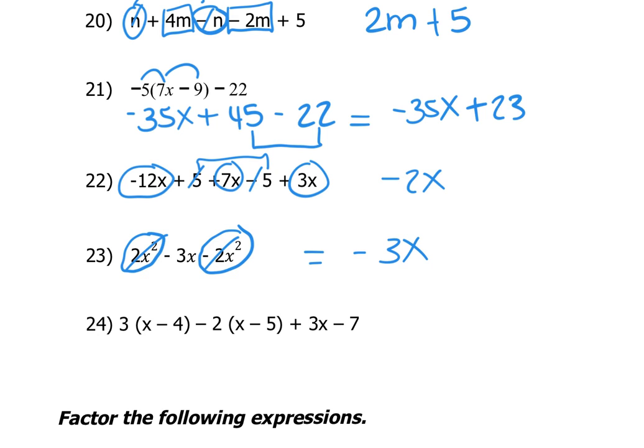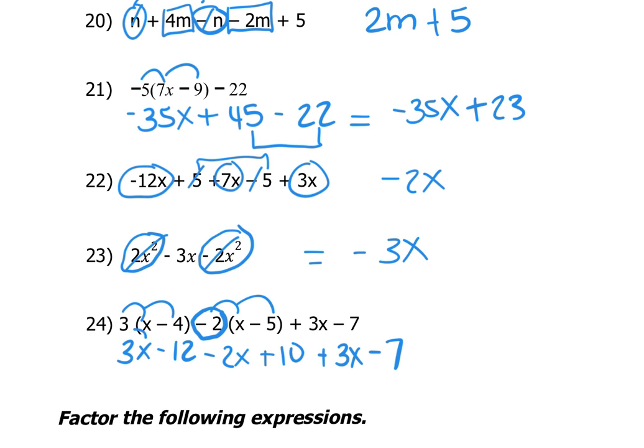In number 24, we have two sets of parentheses. We'll have to distribute to get rid of them. That'll give us 3x minus 12. Make sure you're distributing the negative sign with the 2. For the second set, that'll give us negative 2x, and then that'll turn into a plus 10 because you'll have minus a negative. And then you just bring down the rest.